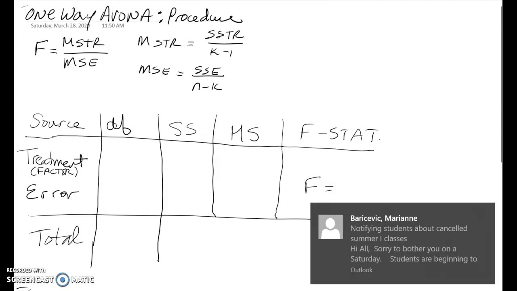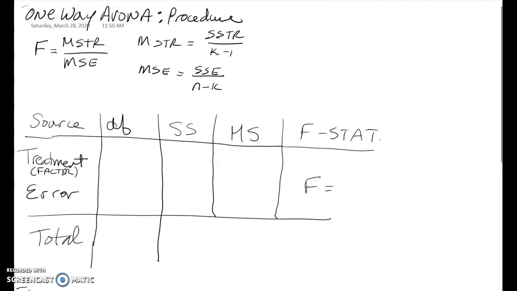So again, this is what an empty one looks like. If I were to fill in formulas, the formulas would start to look like this. And these formulas you can get directly from your formula sheet. And we have n minus k. So this represents SSTR, and you would get that formula from your formula sheet. You're going to put SSE in here.